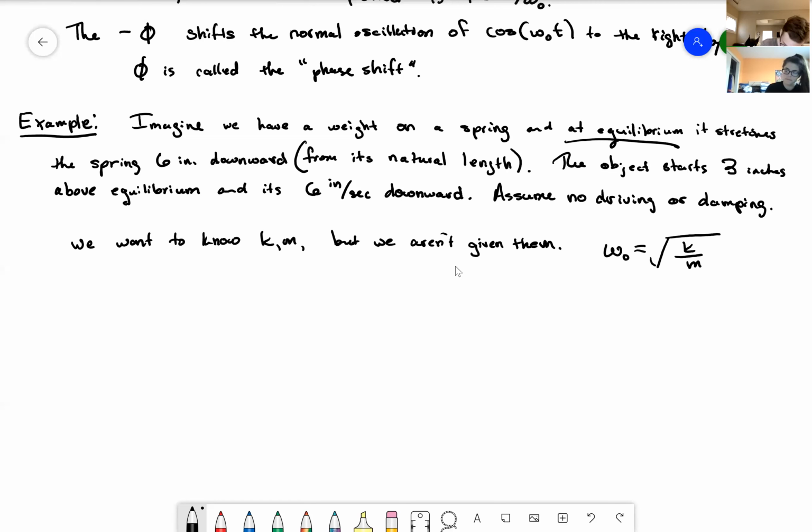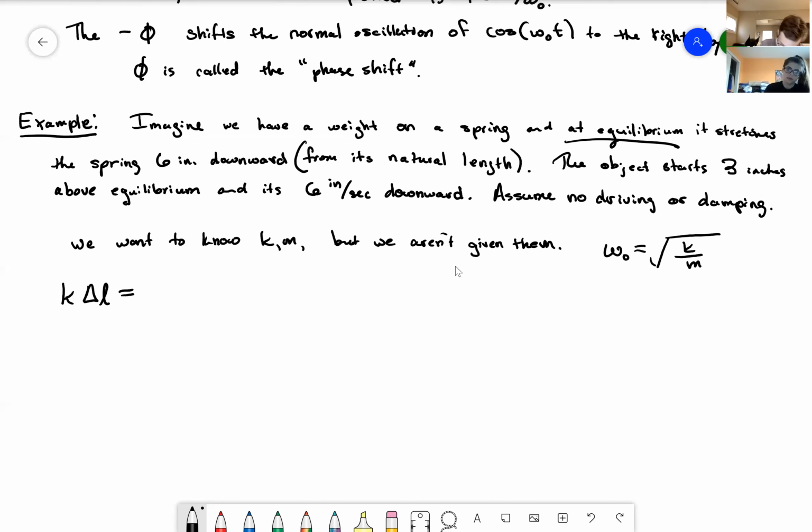So we have K times delta L, which is not the distance from our equilibrium position, since we're at our equilibrium position. It's the distance from the normal endpoint of the spring. So the spring is normally like this, and then with the weight on there it stretches, so that delta L will be the 6 inches there.